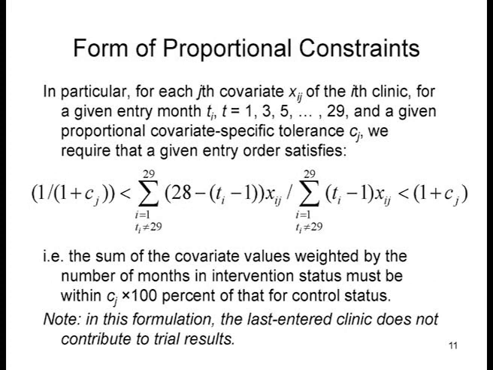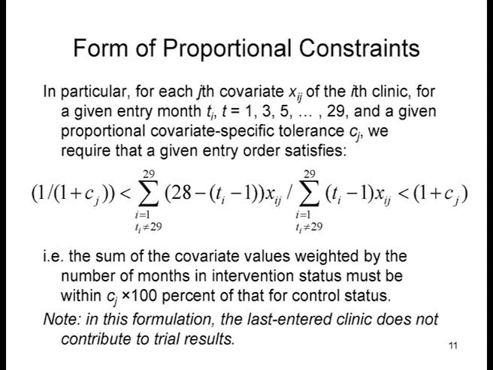And we had a lot of covariates to worry about. And basically, we use this equation here to balance the covariates. We wanted to balance the covariate weighted months that people are in intervention and control status.